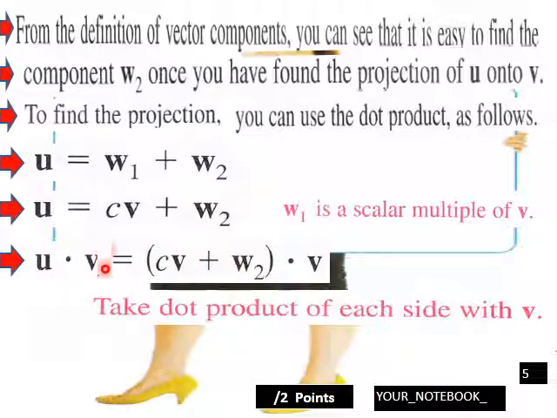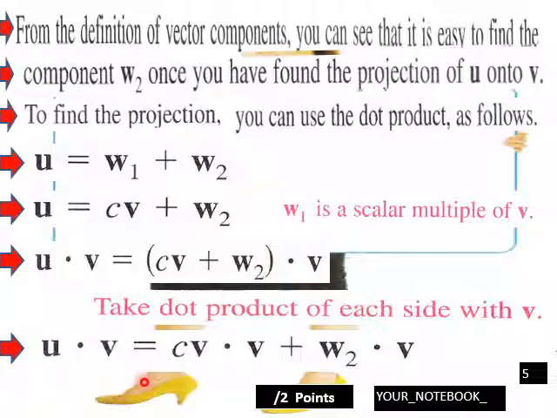And then U times V would equal CV plus W2 times V. So take the dot product of each side with V. So we're going to take the dot product here on both sides with V. And then we get U times V would be CV times V plus W2 times V. So we're going to distribute our multiplication into our parentheses here.